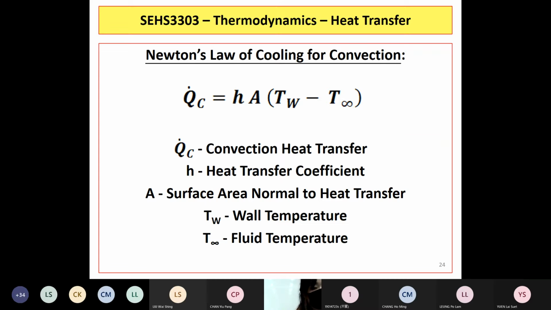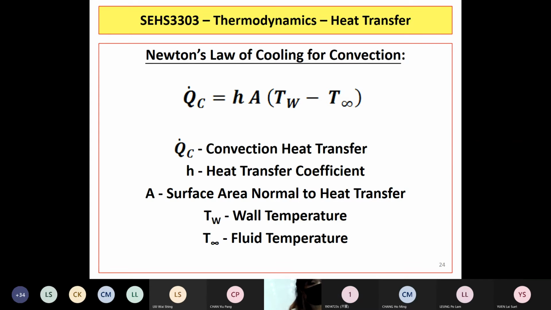When we talk about convection, definitely convection involves fluid, the moving fluid, as well as the interface of fluid and solid. That is convection. Therefore, convection combines mass and heat transfer because we have the movement of fluid.